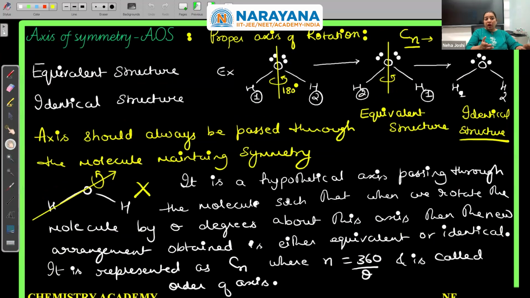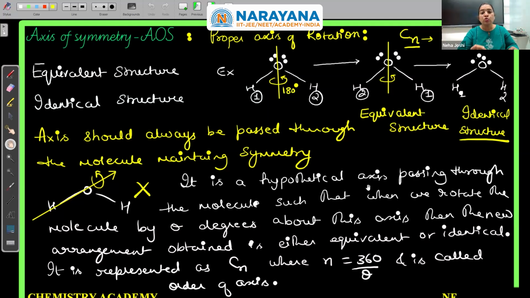Is that okay? Now every molecule will always have C infinity, agreed, and C1. If you do not rotate, you will get C infinity. And if you have rotation done by 360 degree, you have C1.